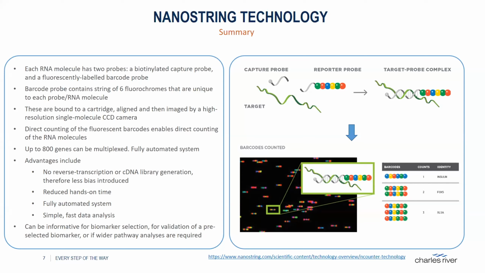And there's also a reporter probe, which is shown there as a kind of multicolor barcode, if you like, and then a high-resolution CCD camera takes an image to allow quantification of each target RNA species. So with relatively little hands-on time and relatively little bioinformatics, you can measure a broad range of genes within an inflammatory biomarker panel.